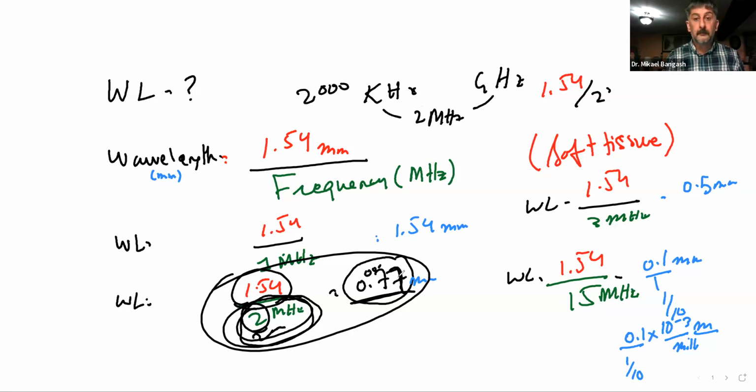Clear? As if the worth of 2 megahertz is expressed using gigahertz, it is going to be 0.002 gigahertz.